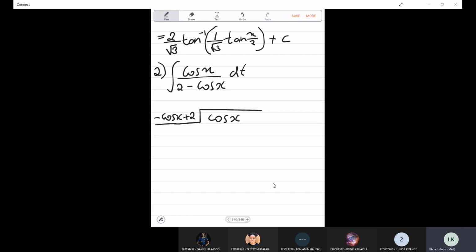Then say minus cos x divided by cos x is minus 1. Then you multiply, you get minus cos x plus 2, and then you subtract.